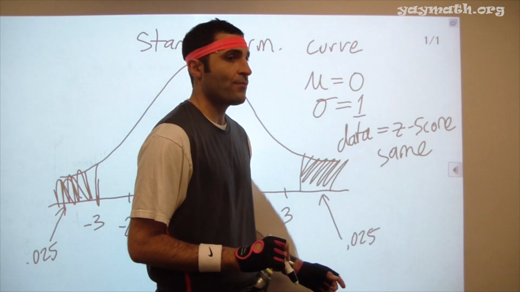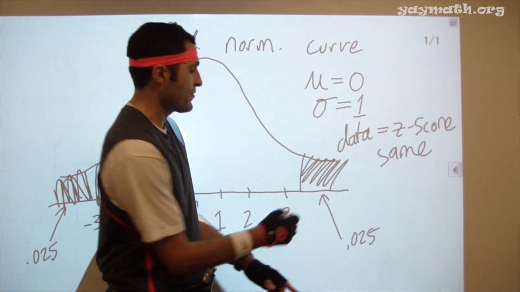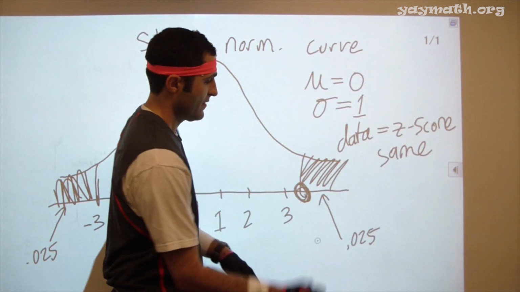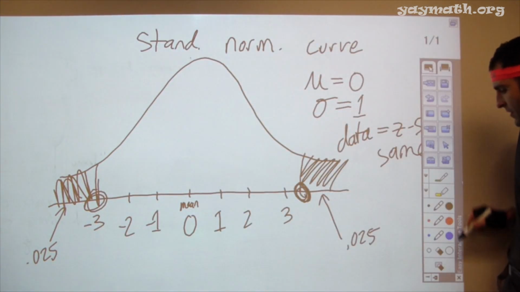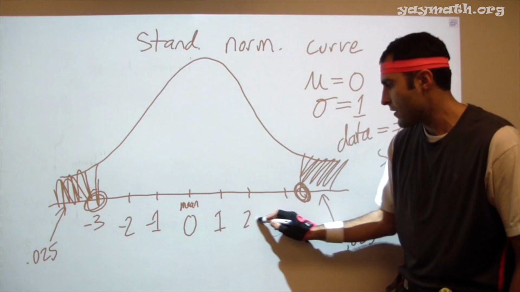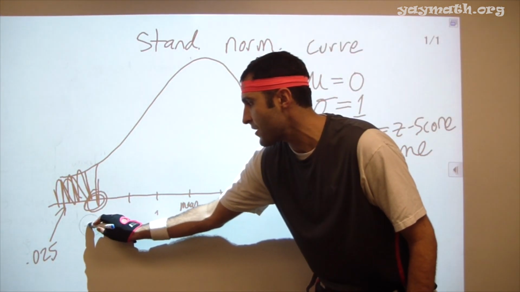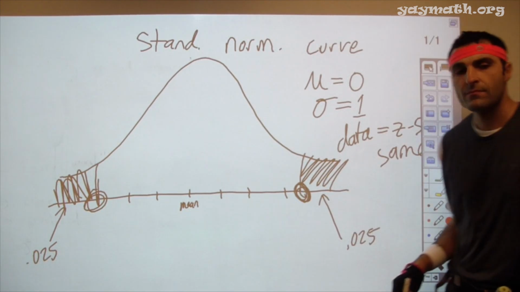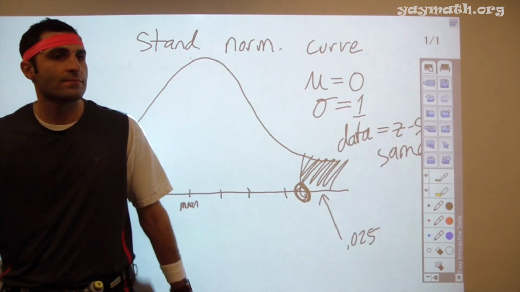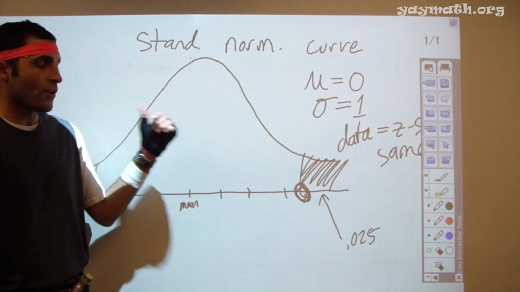Remember what you said before? Can you tell me the relationship between this z-score and this z-score? It's not -3 or whatever, but can you tell me the relationship? Because of the symmetry. Yes, because of the symmetry. Whatever's true on that side is true on that side.